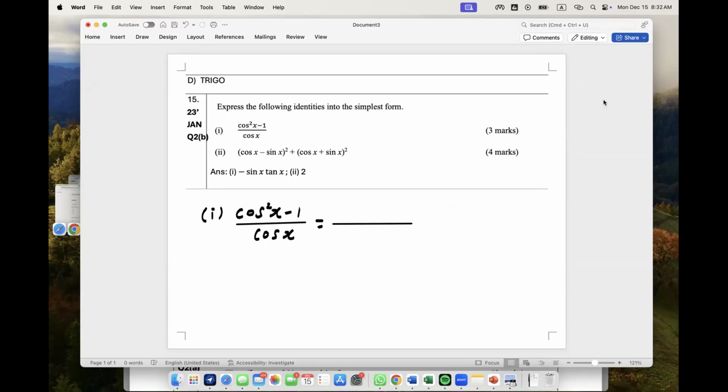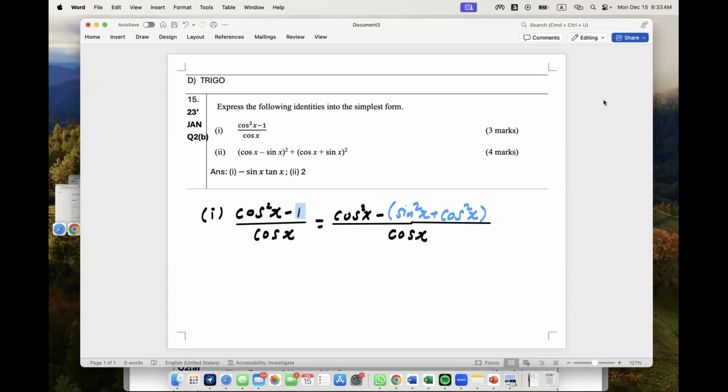Any idea? Sine square x over cos square x. Sine square over cos x. Okay, you see the 1. The 1 is a special number in Trigo, whereby we can change the 1 into sine square x plus cos square x. There's something here, right? So the denominator will be cos x, remain.